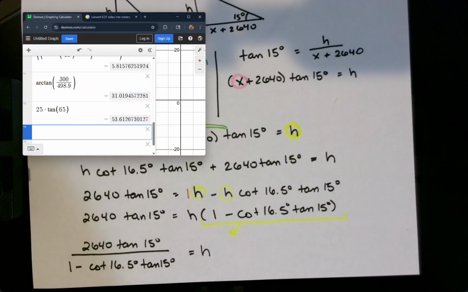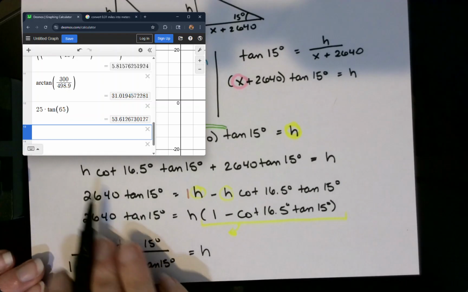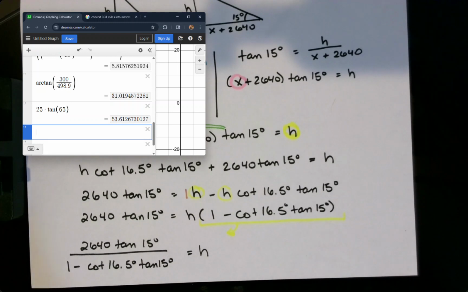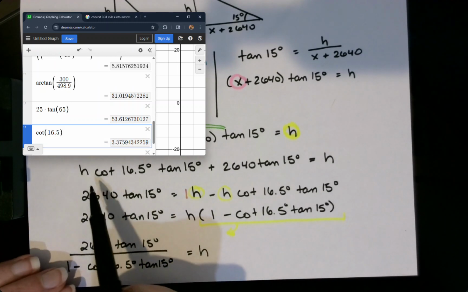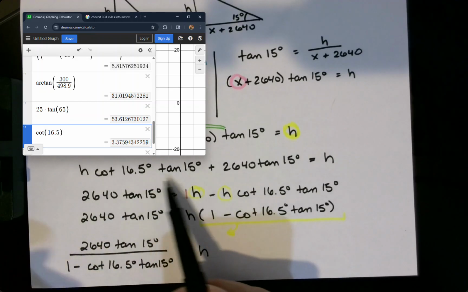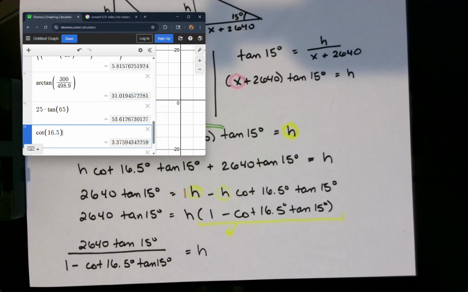All right. Again, if it made it easier for you, back up here, just make these into decimal form. You can always have done that. So the cotangent of 16.5, you could have called this 3.4h, right? Times this one. I forgot to do both of them, but you could have made it a decimal.